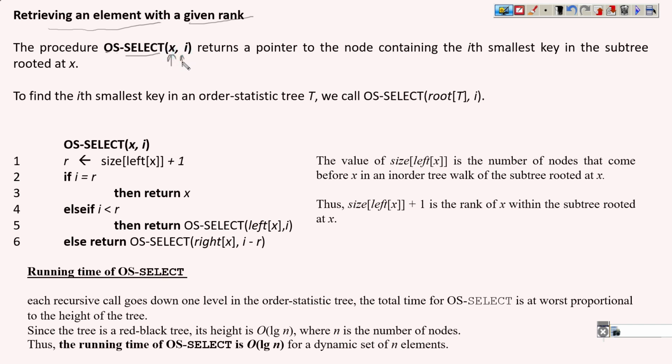So I may ask my query like, for a given tree, I want to look for the 20th rank, or you can say the 20th smallest. The 20th smallest is, if you arrange the elements in ascending order, the 20th element, which is the 20th rank.